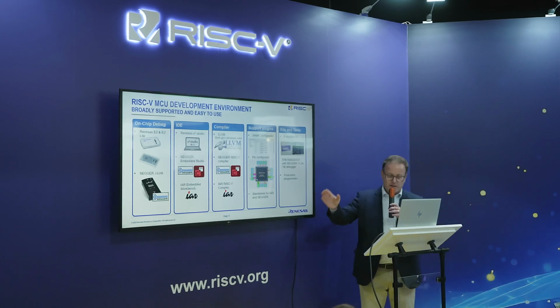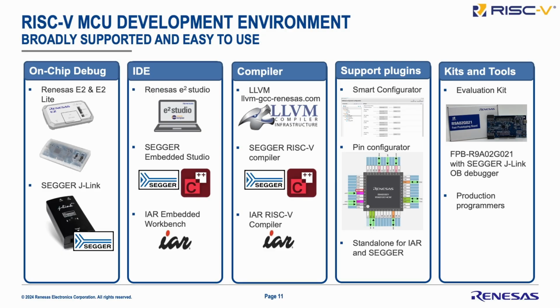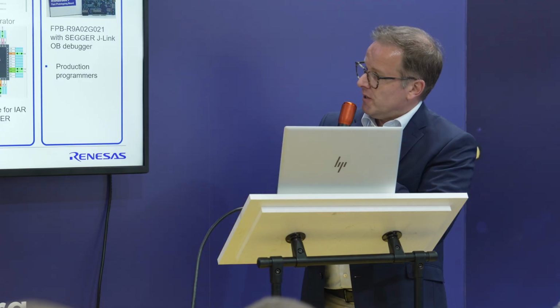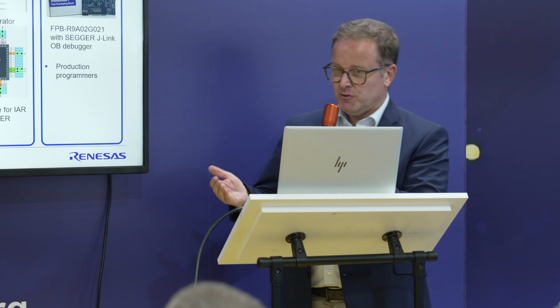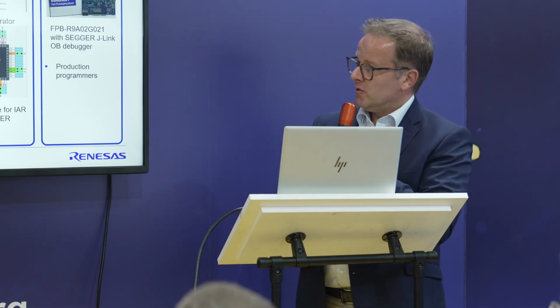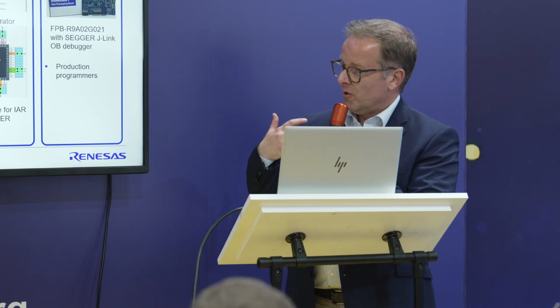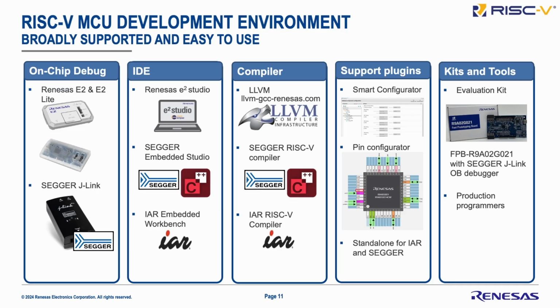On top, we have Renesas E2 Studio, which is a free-of-charge Eclipse-based IDE from Renesas that you can download freely and use. And also, we support for this device Segger Embedded Studio and IAR Embedded Workbench, which are exceptional commercial-level development environments you might be already familiar with. So that provides you also a path from your environment perspective.